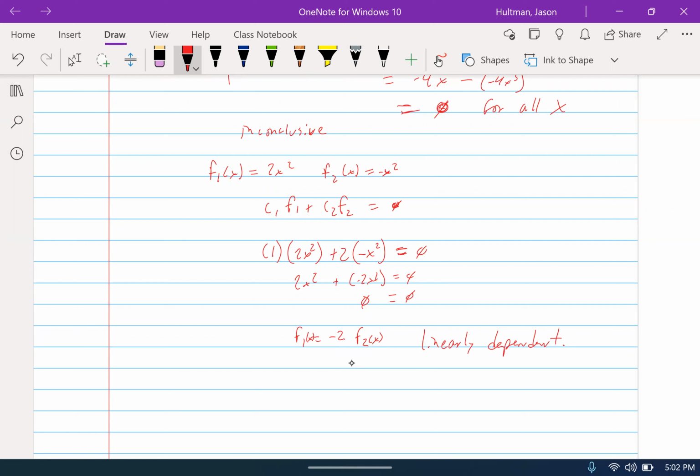Can one of the functions be expressed as a linear combination of the other one? And yes, it can.